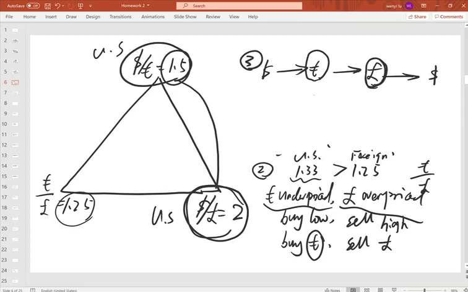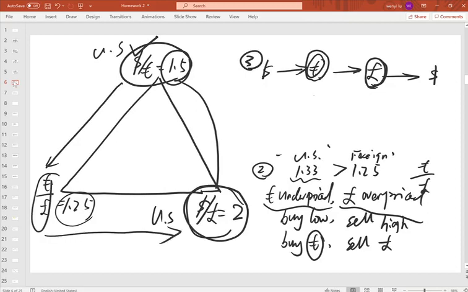So you can see our path for this strategy. First we use the dollar to get euros. It's this one. Then from the euro we swap into the pound here. Last, we sell our pound to get our dollars back here. So our path follows this way. According to the question, we have $1 million as our investment.